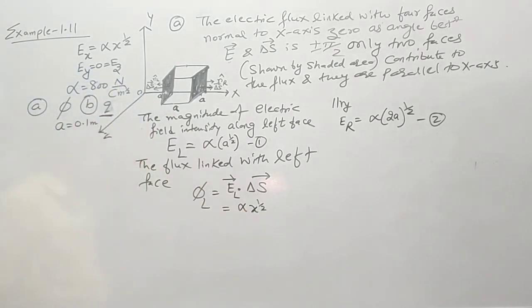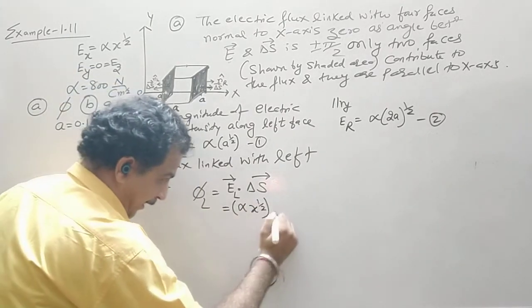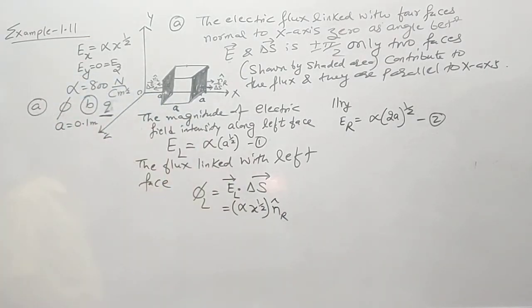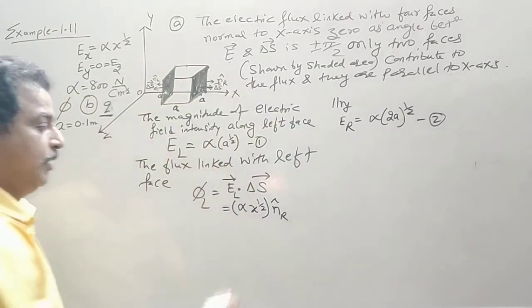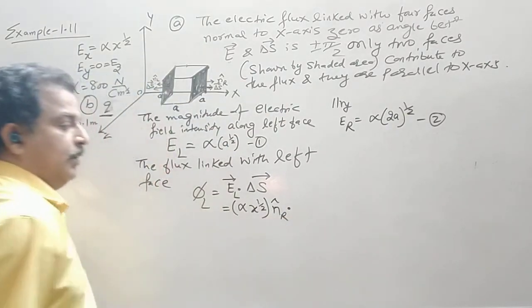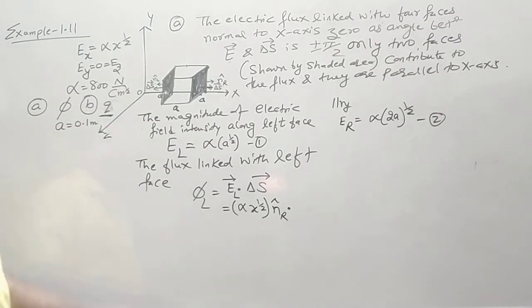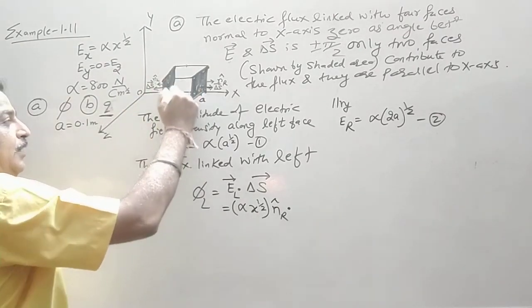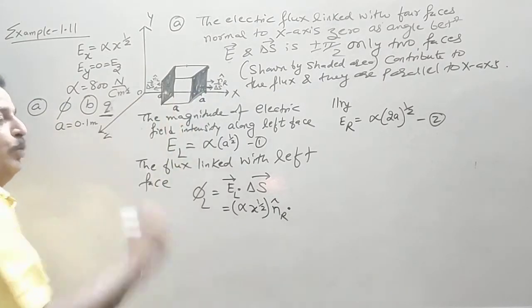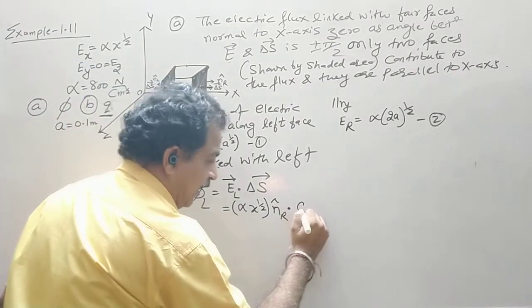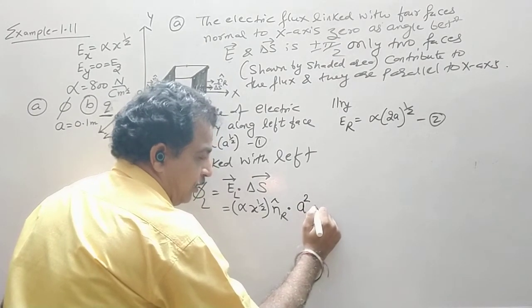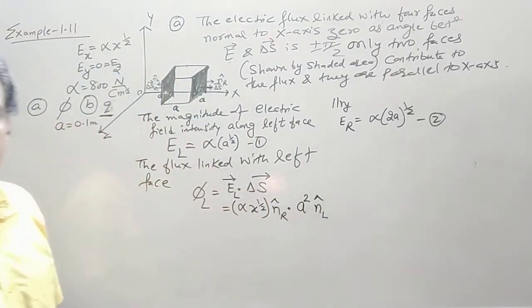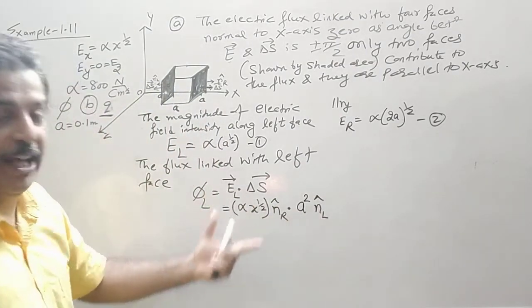I am substituting the value, it is the magnitude, and the direction is nr cap. The electric field intensity direction is denoted by nr cap. Dot delta S, so the magnitude of the area. Now this face is a square, so the area is A square, and the direction, I write either NL or I can write minus of NR.